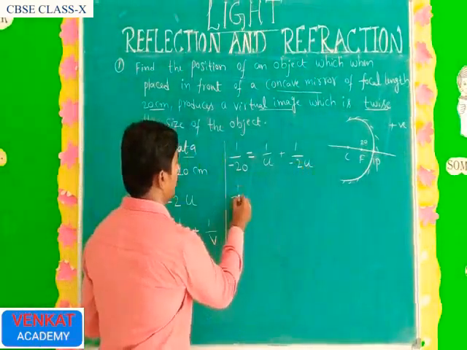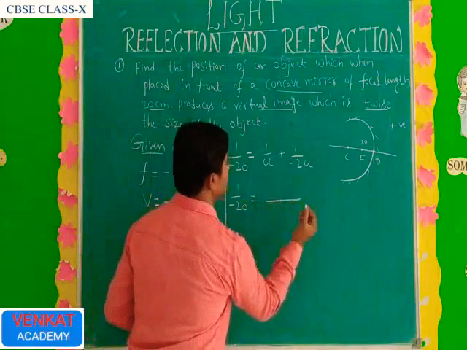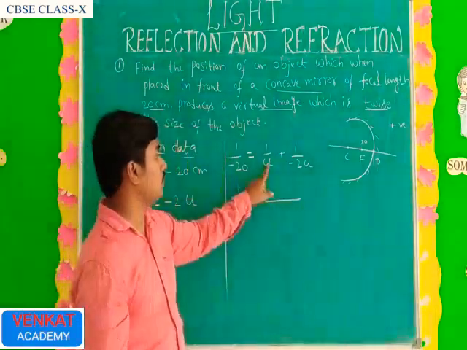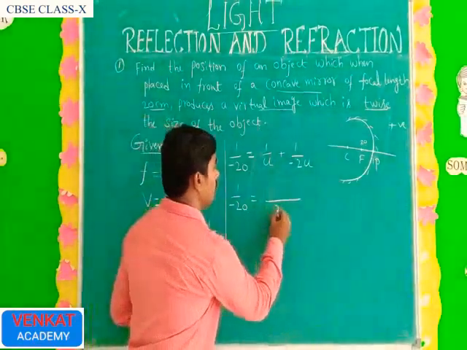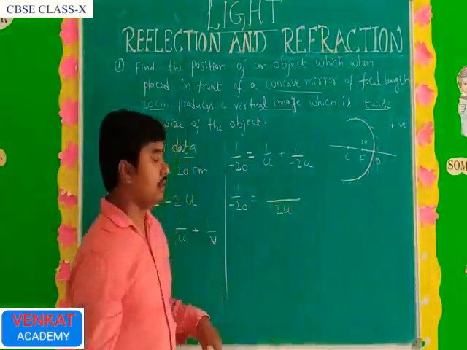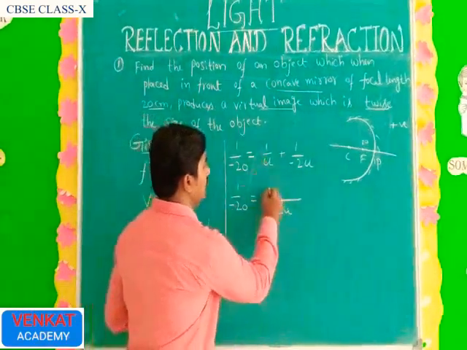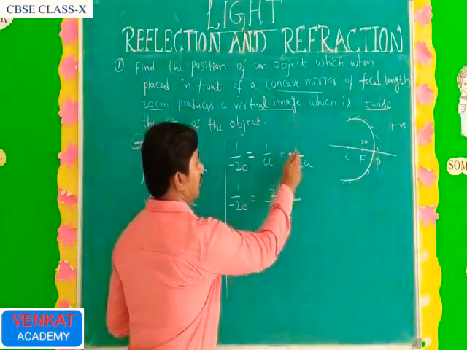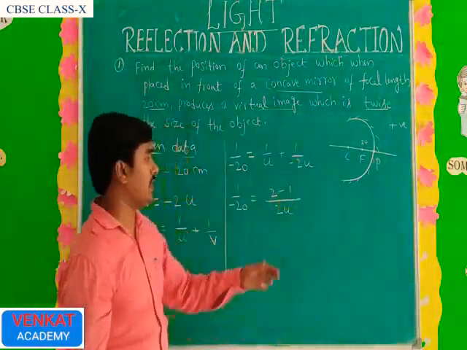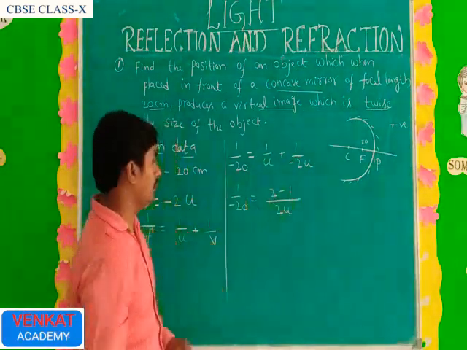Next, 1 by minus 20 is equal to, take the LCM. The LCM of u and 2u is 2u. So 2 minus 1, because the denominator 2u is already there, so we take minus 1.